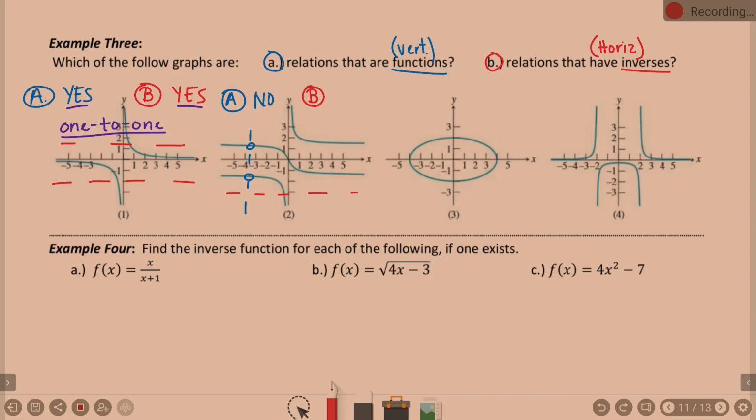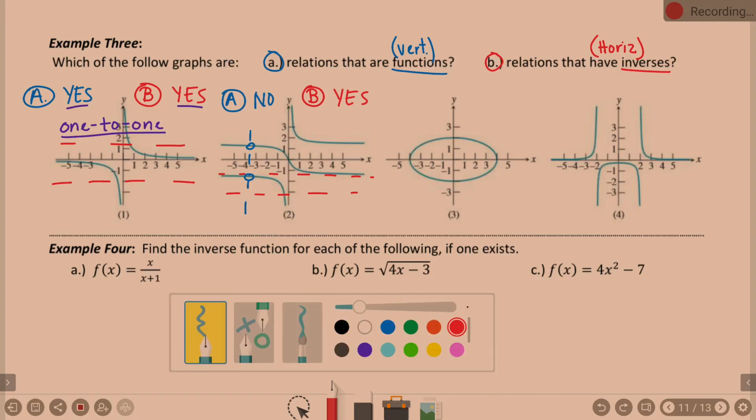What's happening right here? We have some asymptotes, and those are fine. But every place you draw otherwise, does it just hit once? Yeah. So yes, it has an inverse. While it's not a function, it does have an inverse. So is it one-to-one? No, it's not one-to-one this time. Got it? Okay.